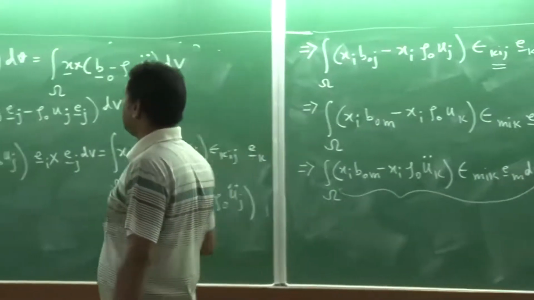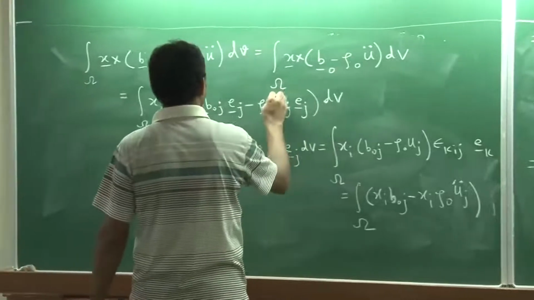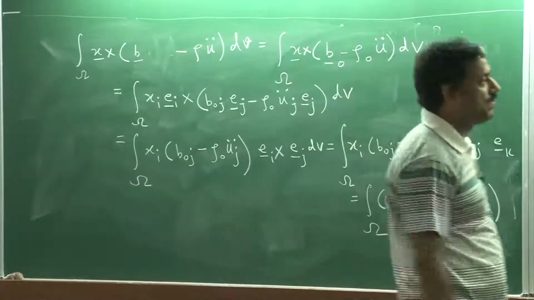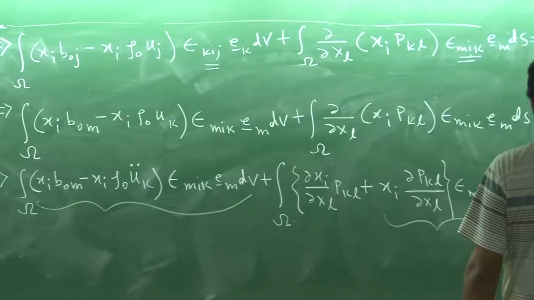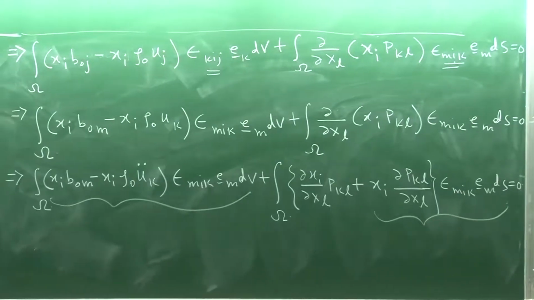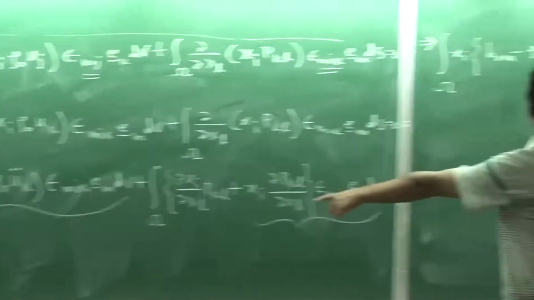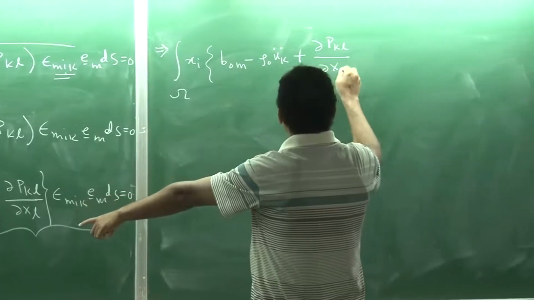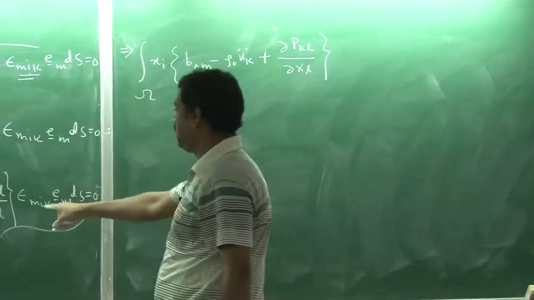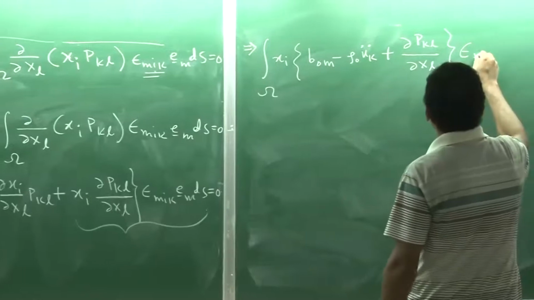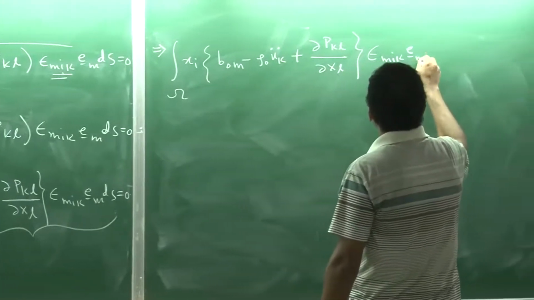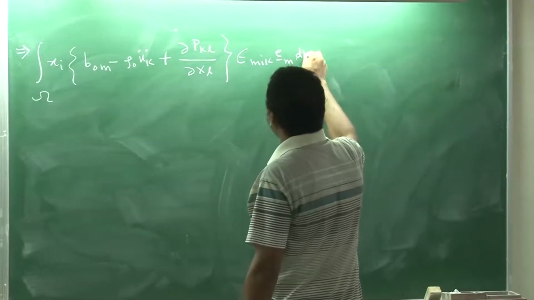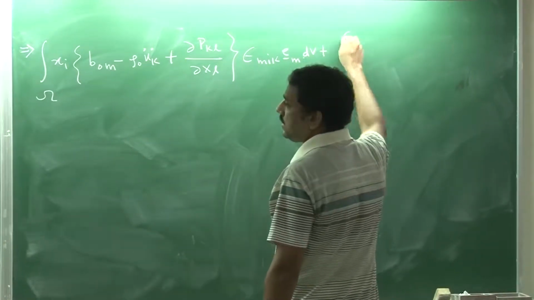Please mind that acceleration. I am forgetting this acceleration, mind that acceleration. And xi I have taken out. So, I will have pkl by del xl, and then epsilon Mik em will be there. Okay. So, this is small dv plus integration.